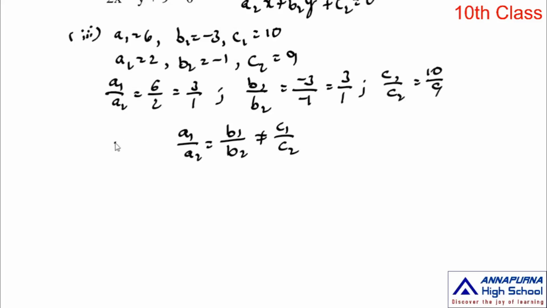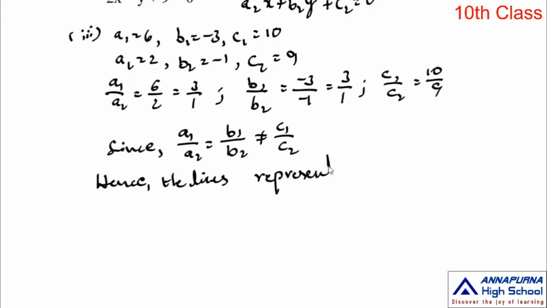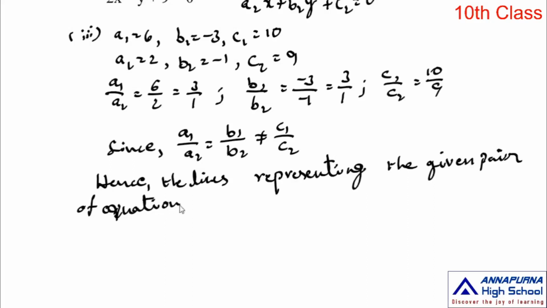Okay, since A1 by A2 is equal to B1 by B2 is not equal to C1 by C2, hence the lines representing the given pair of equations are parallel.